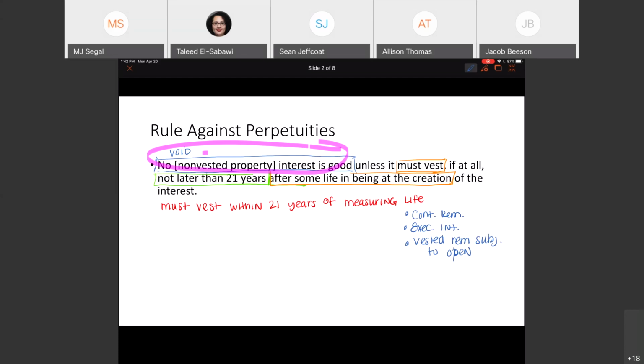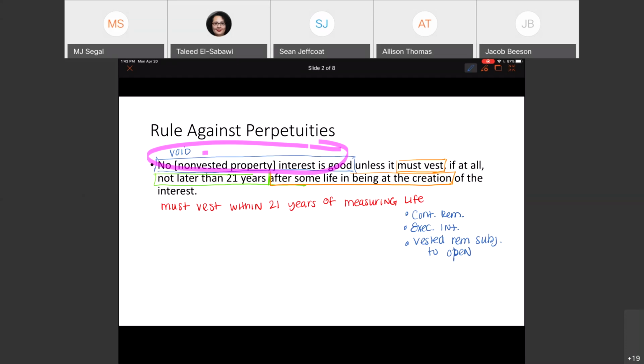If you think of it as a vested remainder subject to partial divestment, it means that part of the interest is already vested, right? There is at least one ascertainable person that has an absolute interest in the land or in the real property, right? But it's subject to divestment because their interest could become less. Meaning, if more people are added to the class, then they're going to have to share their interests with other people.